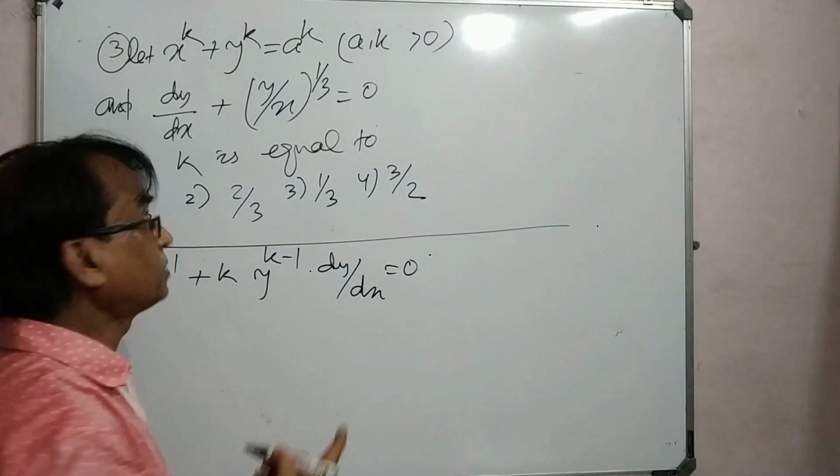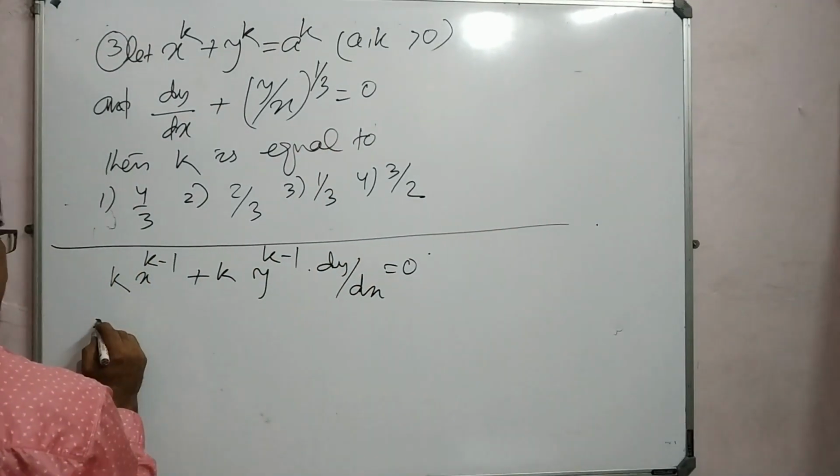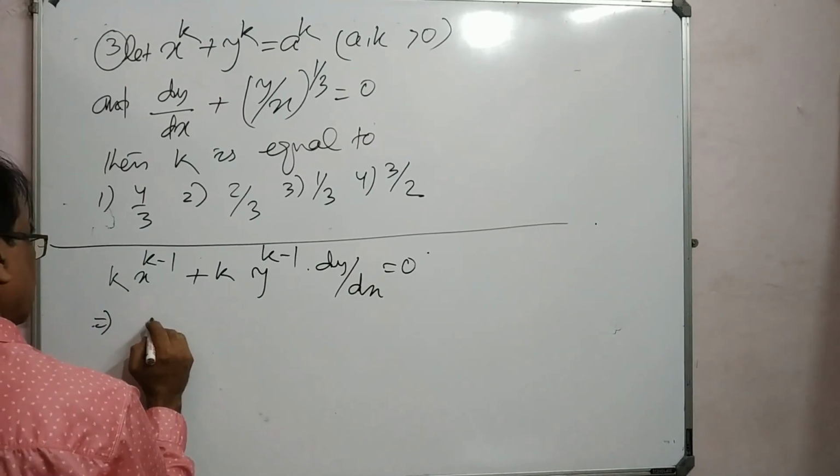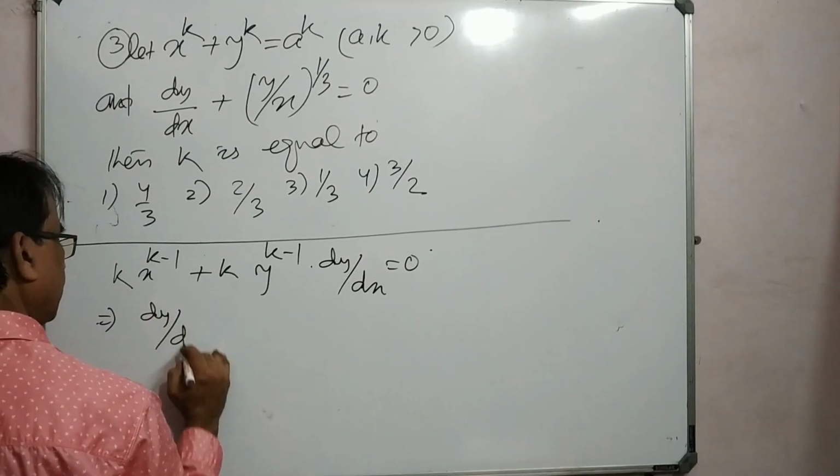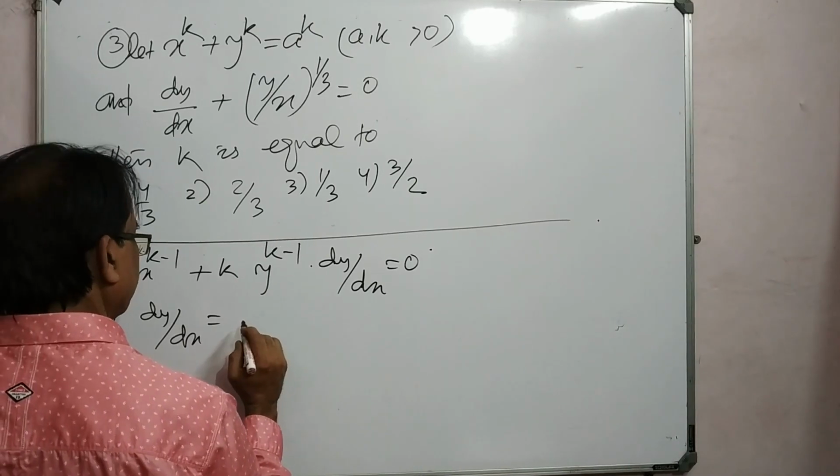Since k is positive, we can divide both these sides, and we get dy by dx is equal to the expression.